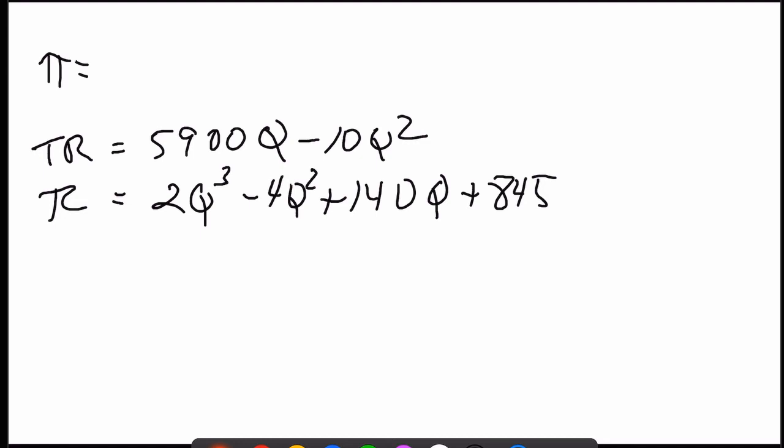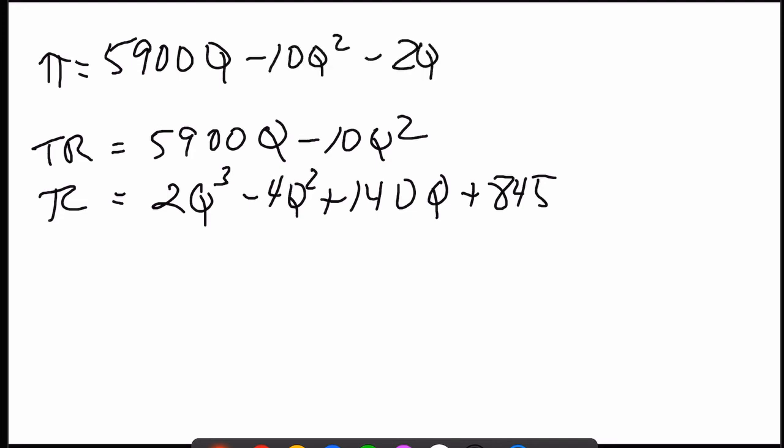Well, I take total revenue and I subtract total cost. So there's a minus, right? Minus plus 140q plus 845.